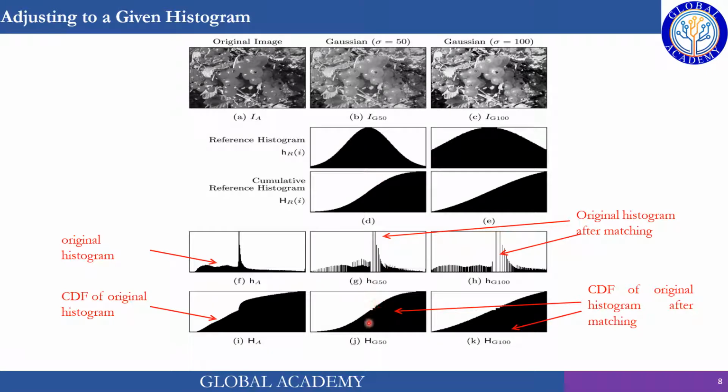So after specification, we can see this is the output image and its cumulative distribution is perfectly matched with this one. And similarly, this is the output image with standard deviation 50, and this is the Gaussian with standard deviation 100, and we can see its cumulative distribution is perfectly matched with this specified cumulative distribution function.